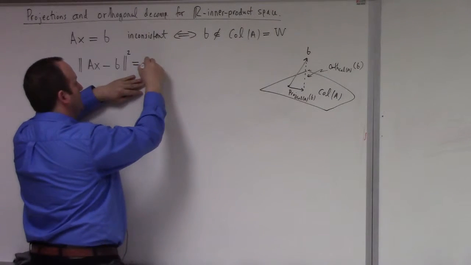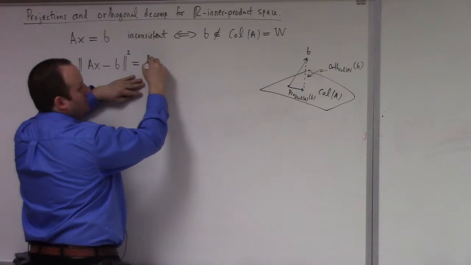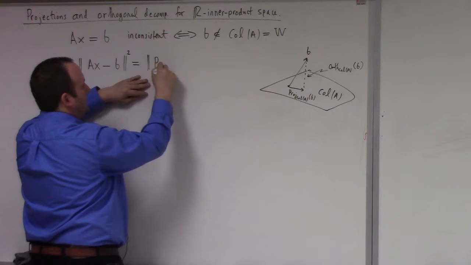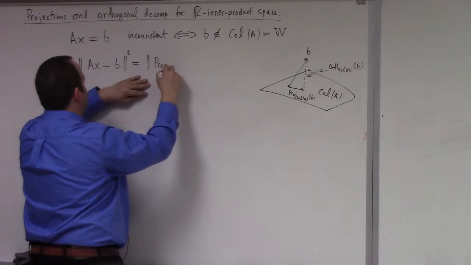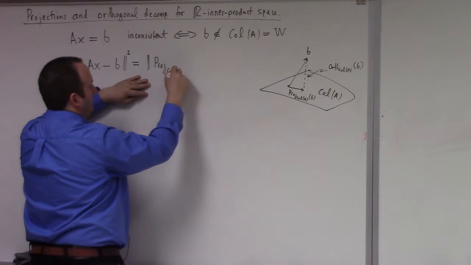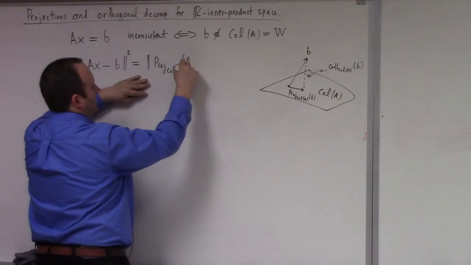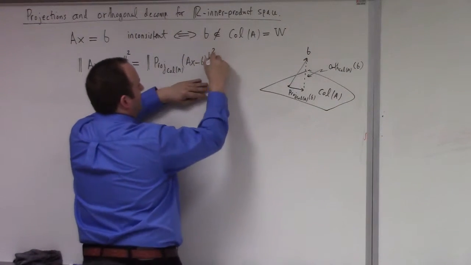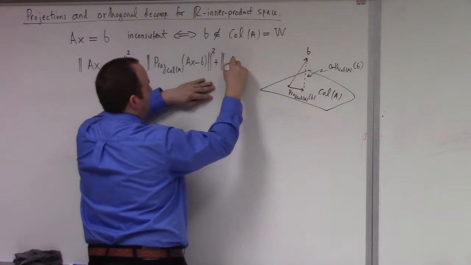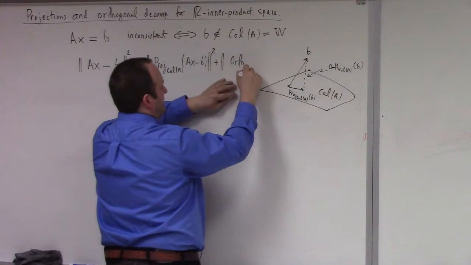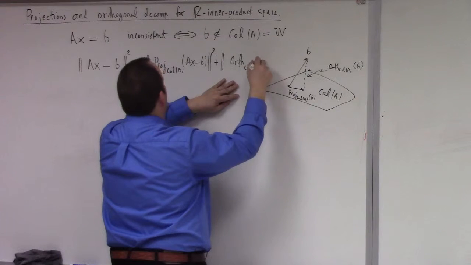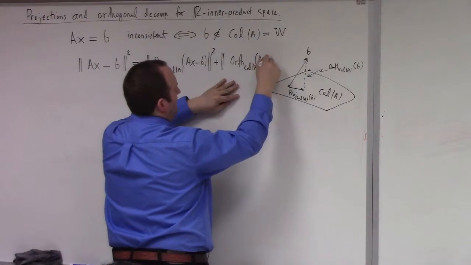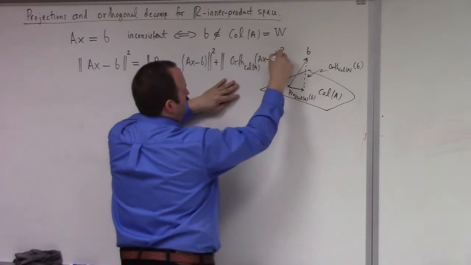So this is going to be equal to the length of the projection onto the column space of A of Ax minus b, squared, plus the length of the orthogonal projection onto the column space of A of Ax minus b, squared.